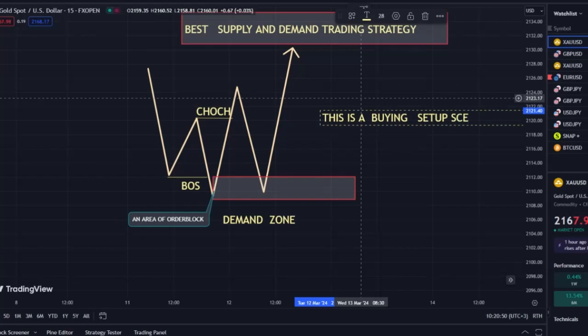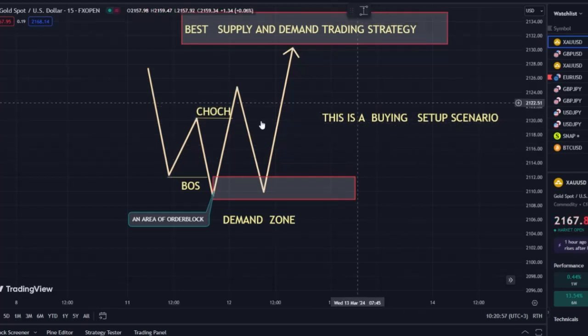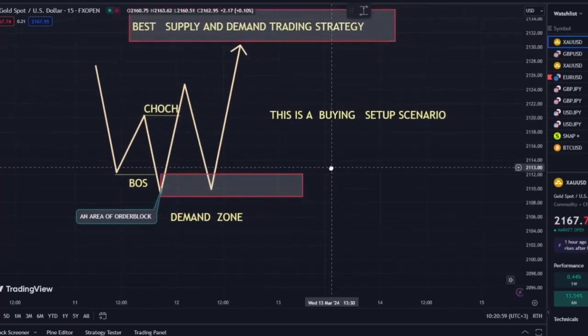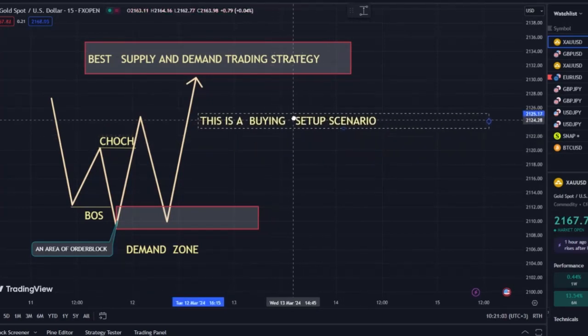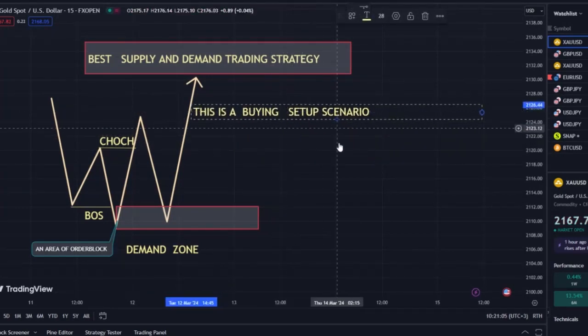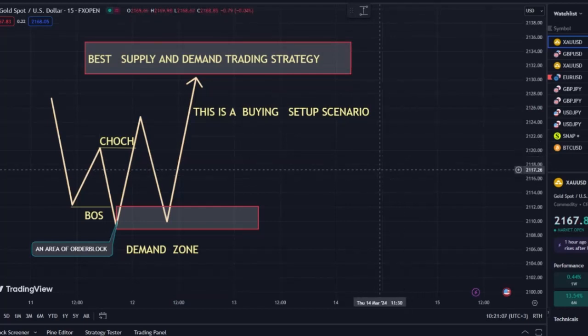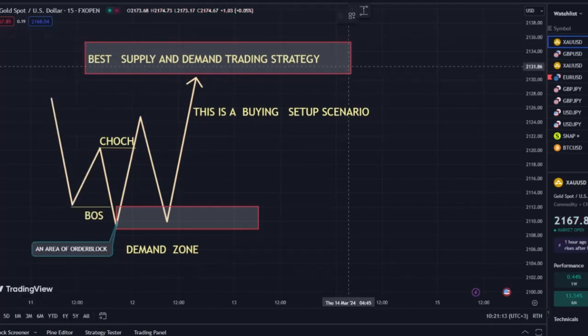When you're mapping your structures, you have to first map a structure and draw a movement level. This helps you to be disciplined. You are not going to break rules unless you see this entry setup. That's when you're only going to take the trade.